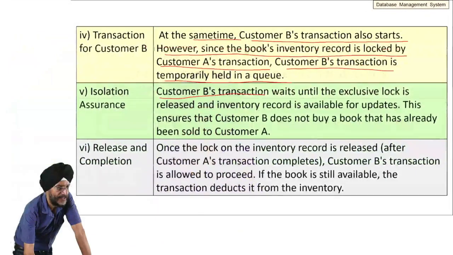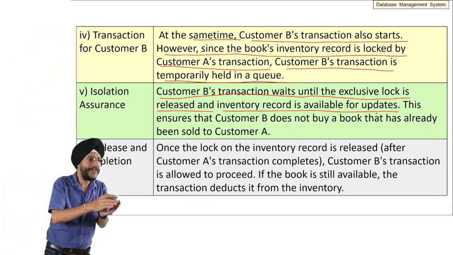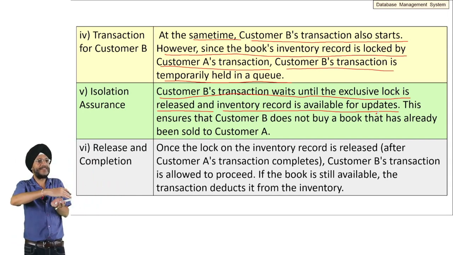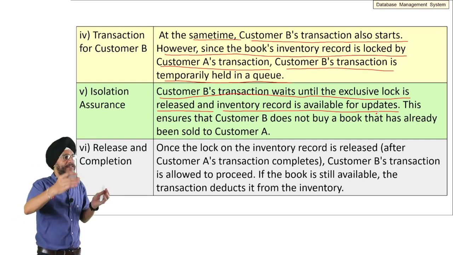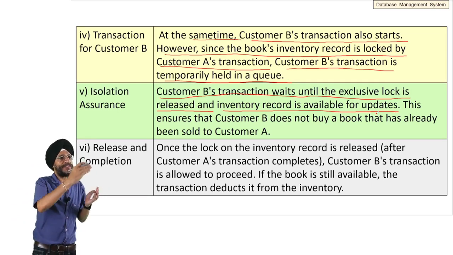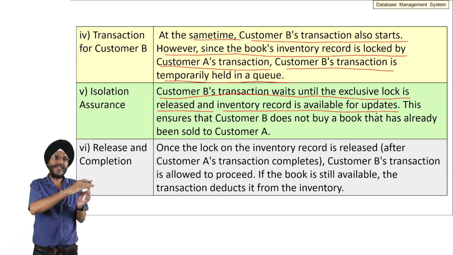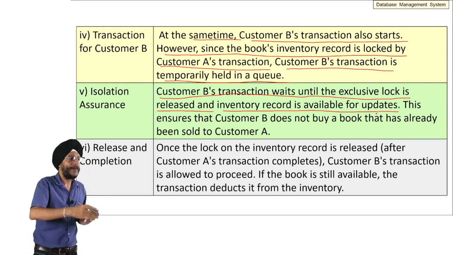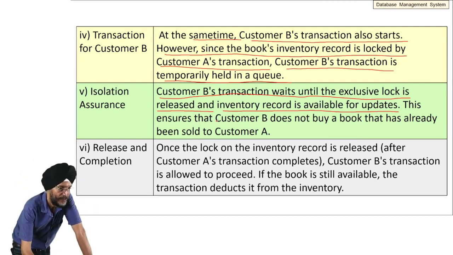Customer B's transaction waits until the exclusive lock is released and the inventory record is available for update. That is, the DBMS system will not allow B to proceed with this transaction. When A's transaction completes and the exclusive lock which was put by A's transaction has been removed, only then will B be able to proceed further with his transaction.